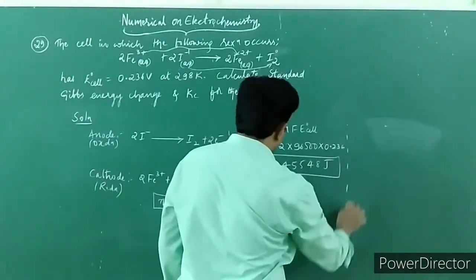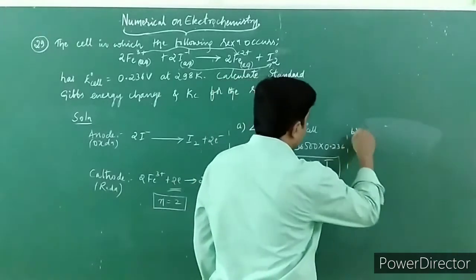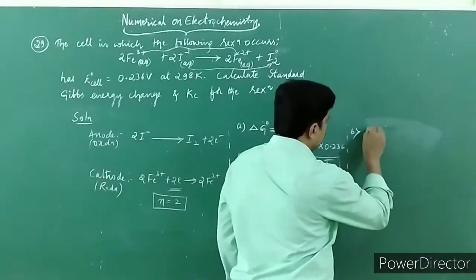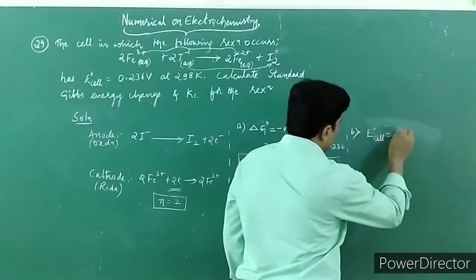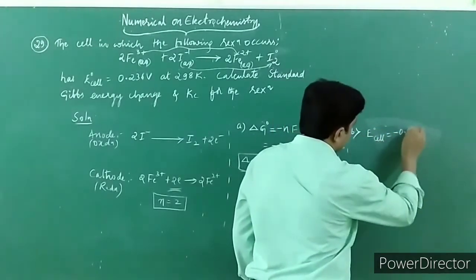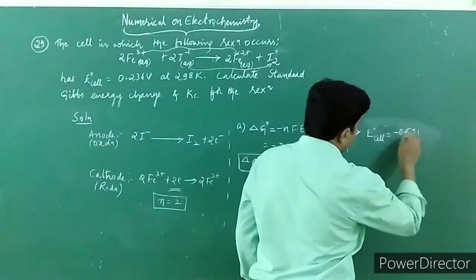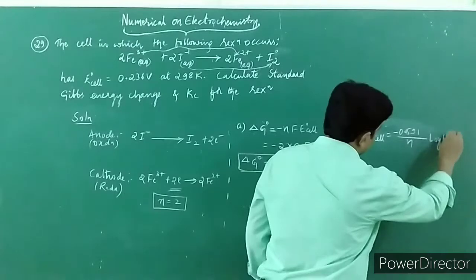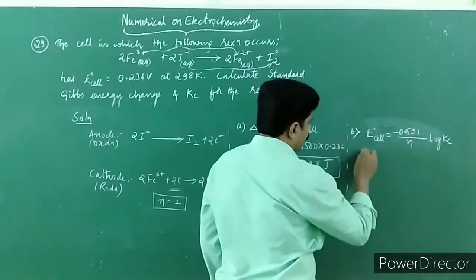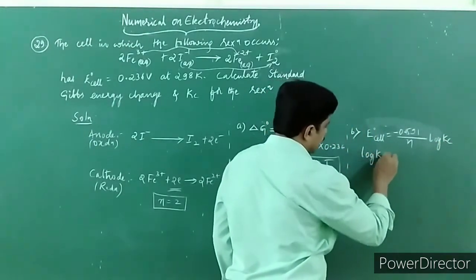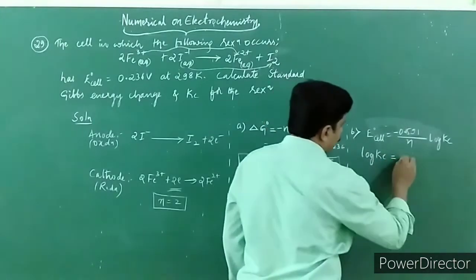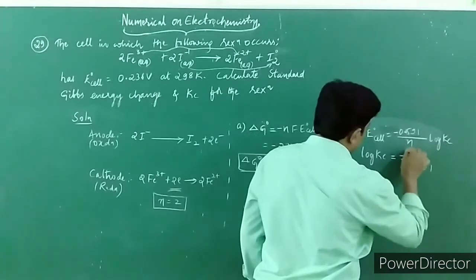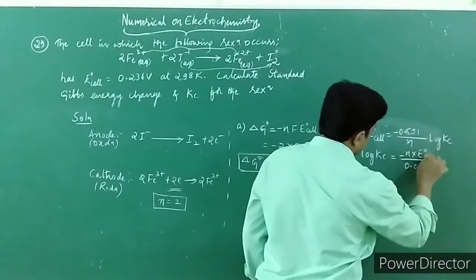Now once you found out this delta G naught, then let me go for the second part, that is Kc. Children, you know the expression E naught cell is equal to 0.0591 upon n into log Kc. Now you are supposed to find out Kc. Log Kc is equal to n into E naught cell upon 0.0591.